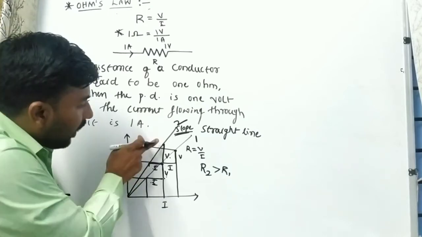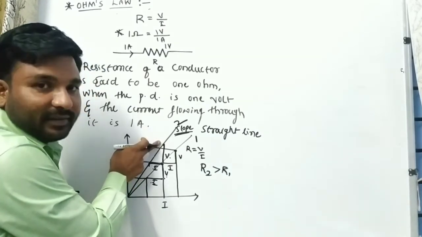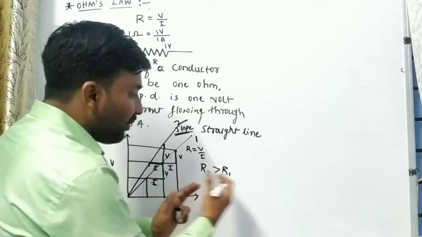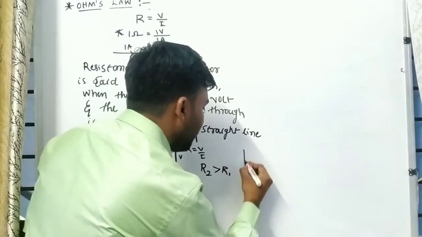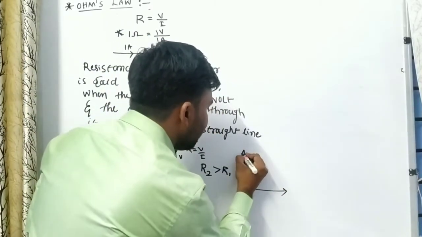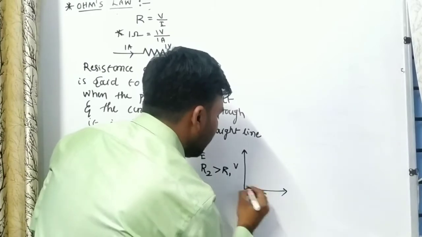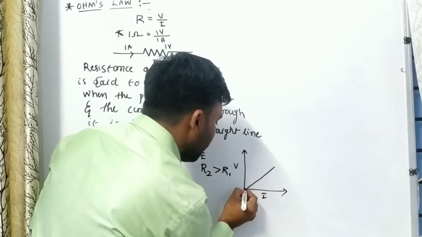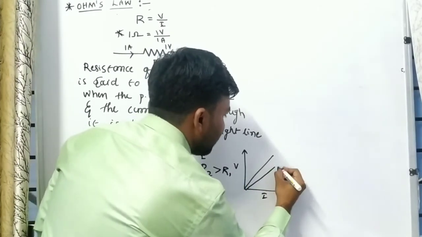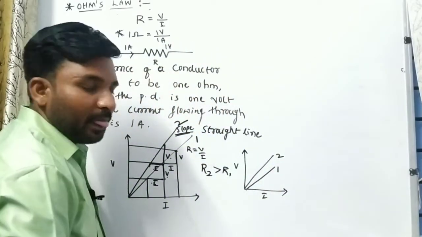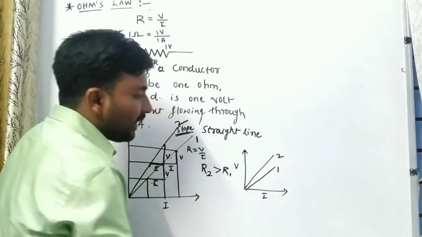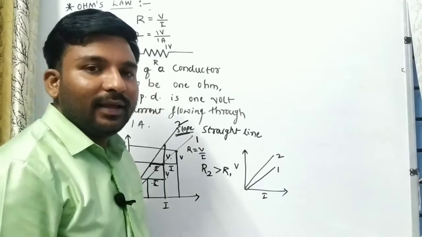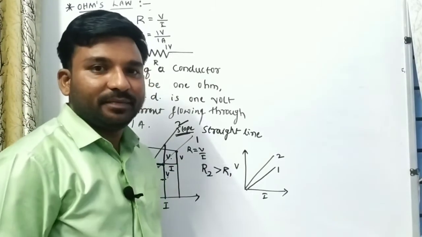Got it? I will draw it separately for easy understanding. In the examination, how will they ask the question? Here is the first conductor, here is the second conductor. Between these two conductors, which has the highest resistance?